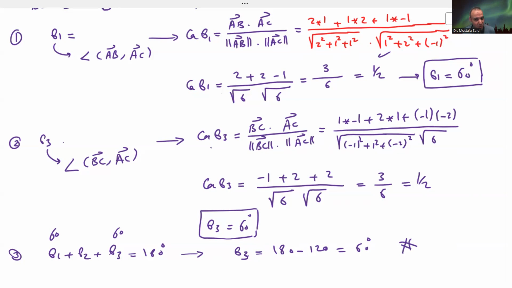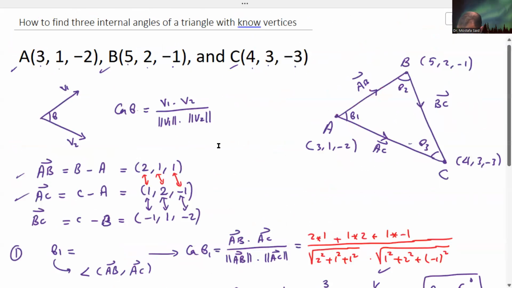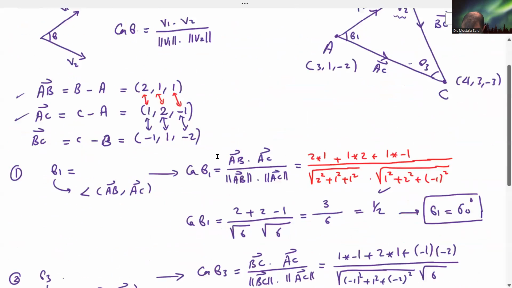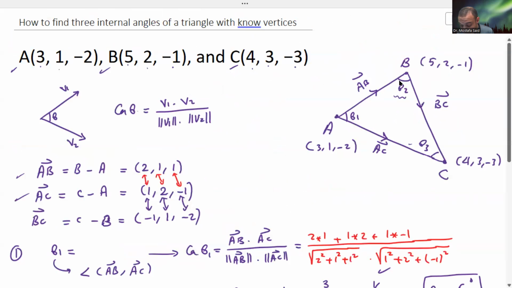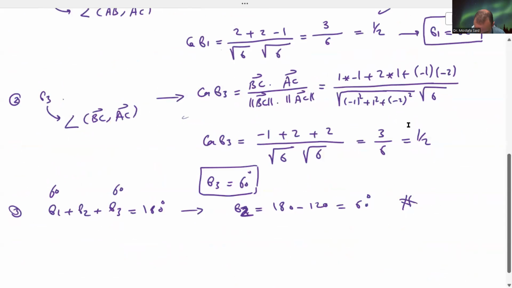Now, if we want to check, we should do the same step again. If we do the dot product and apply basically the same concept to find theta 3, we should also calculate 60, right? Let's check. Theta 3 is, I'm sorry, theta 2. I'm very sorry for this. That's correct, theta 2. So it is between AB and BC. Just to check, we finished the problem, just checking.